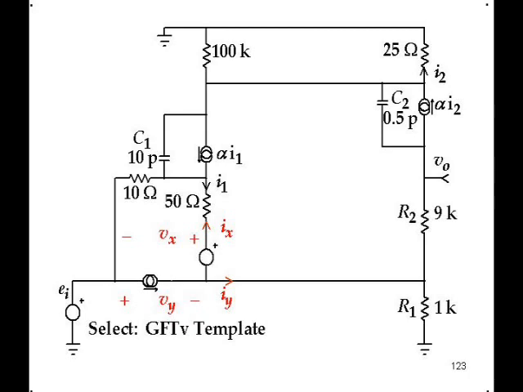Now when you calculate H infinity, what do you get? You start with EI, that's the driving signal. Vy is null, so EI appears across the R1. But Iy is nulled as well. So the current in R1 is the same as the current in R2, and therefore the output voltage is the reciprocal divider ratio, which is the 1 over K. And that's the answer you want to get.